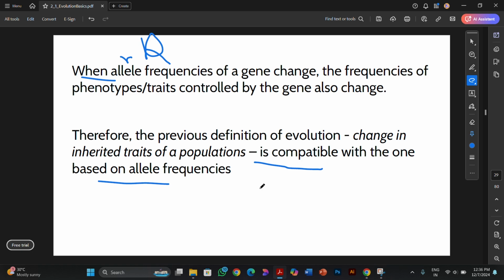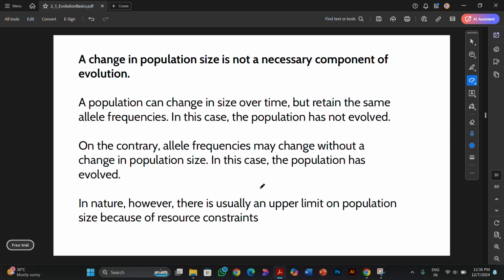Now, a change in population size is not a necessary component of evolution. Take one thing: there is a population size, PS, and there is allele frequency, AF. If the change in allele frequency, ΔAF, is equal to 0, then no matter whether population size increases or not, there is no evolution.